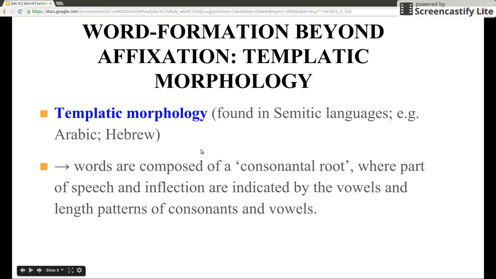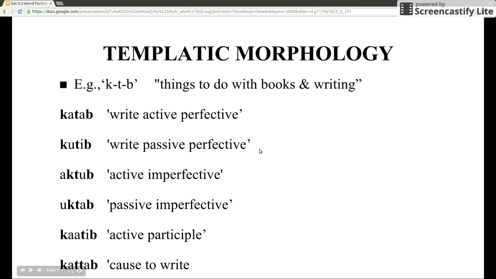So in this strategy, words are composed of a consonantal root, where parts of speech and inflection are indicated by the vowels and length patterns of consonants and vowels. We can see the examples directly. So we have a consonant template, K, T, B. So this is a stem or root, which means things to do with books and writing.